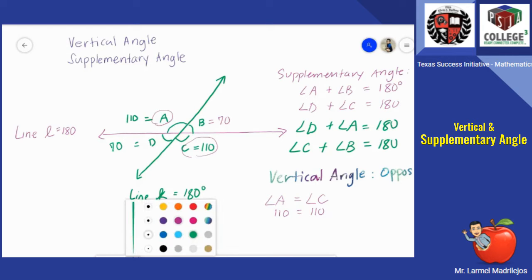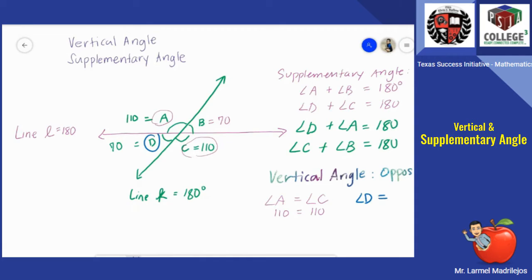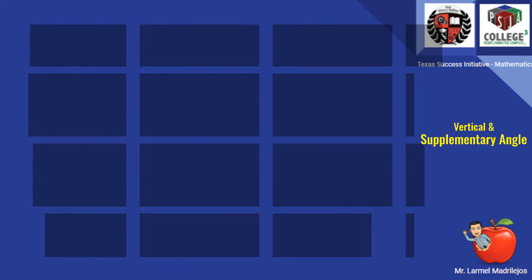Let's change color for angle D. Angle D is vertical with angle B. If angle D is 70, angle B is also 70. That's the vertical angle and supplementary angle. Thank you.